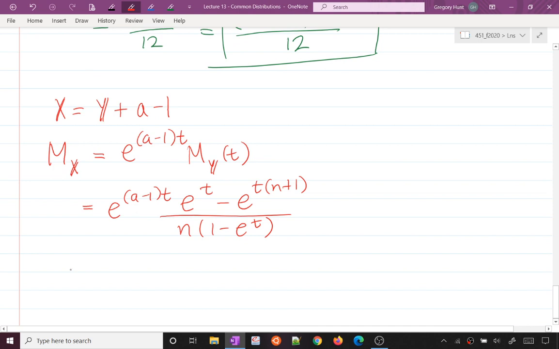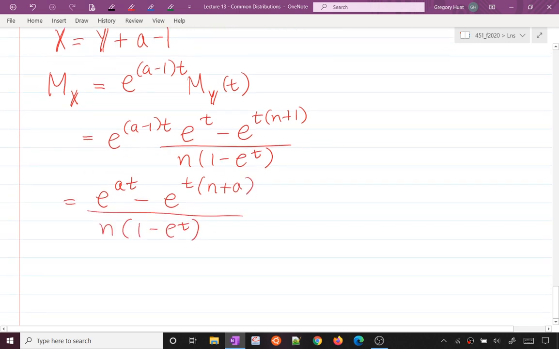Now we can multiply through, and we'll get e to the at minus e to the t times n plus 1 minus 1 plus a, over n times 1 minus e to the t. Let's do one or two more steps.